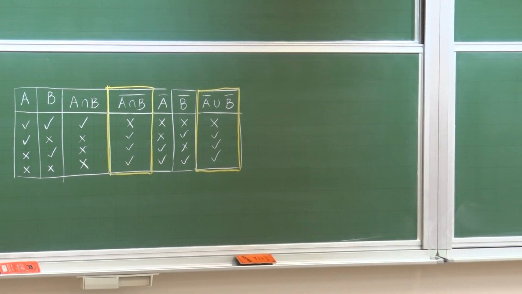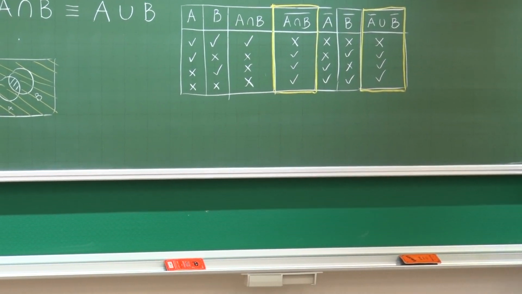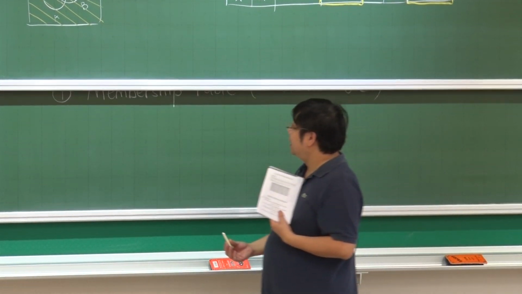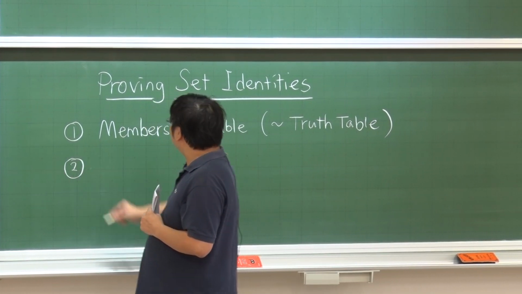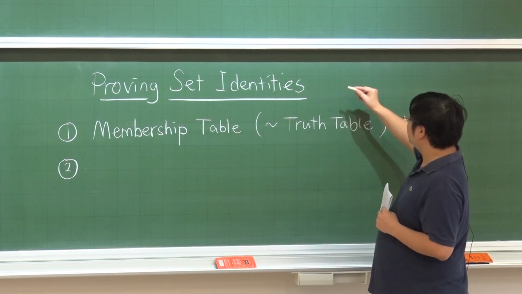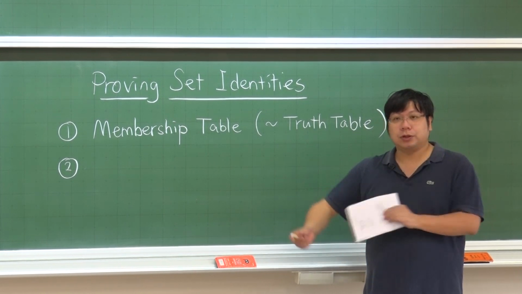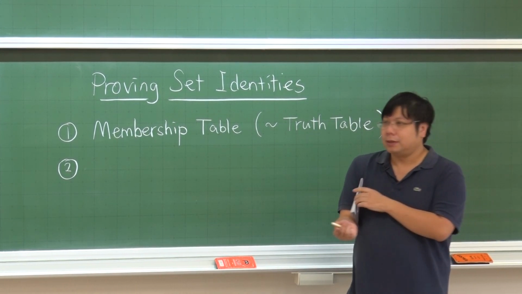How about method 2? So the other way is that we want to show that 2 sets are the same.